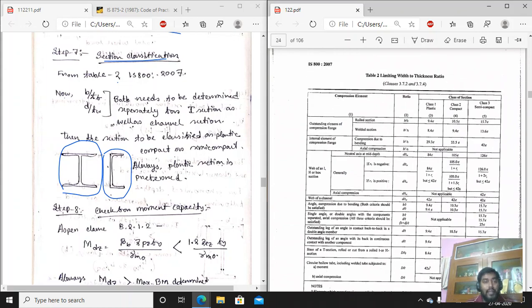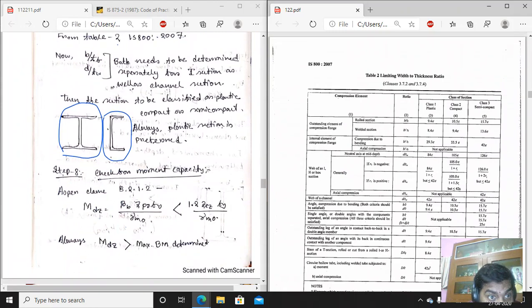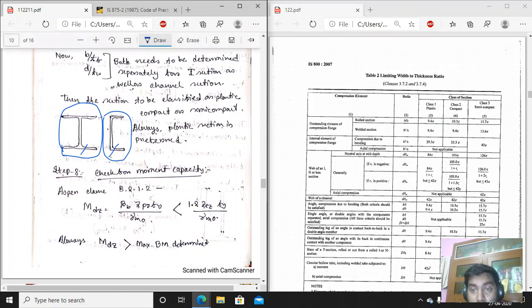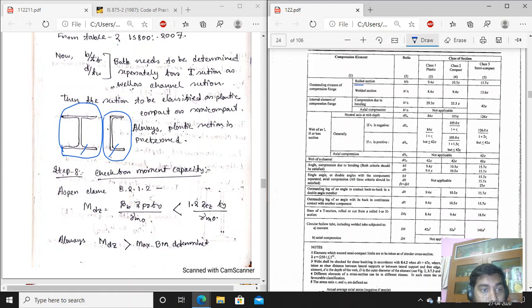As it is a built up section, but when we are considering it in a separate way, these two are rolled members, rolled sections. So for the rolled section, this is the formula. Now these members are welded with each other.